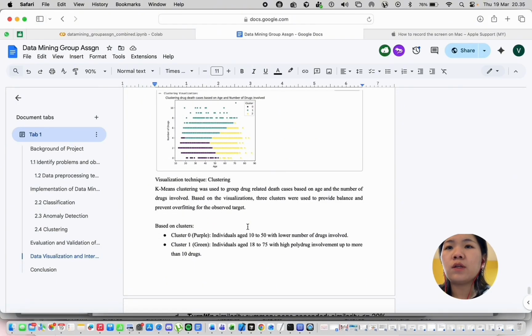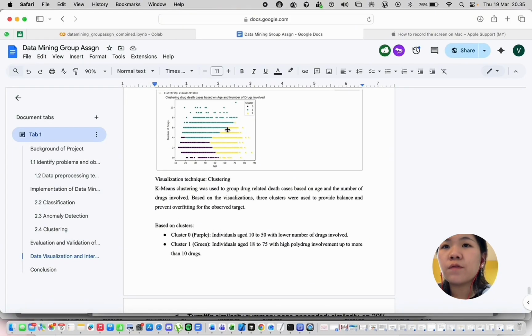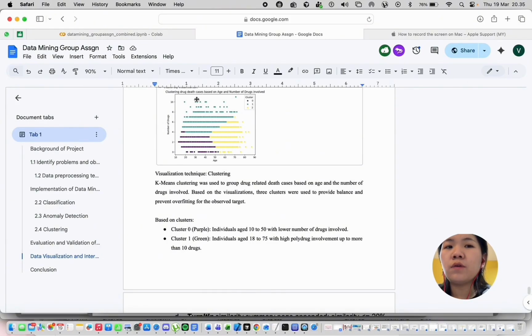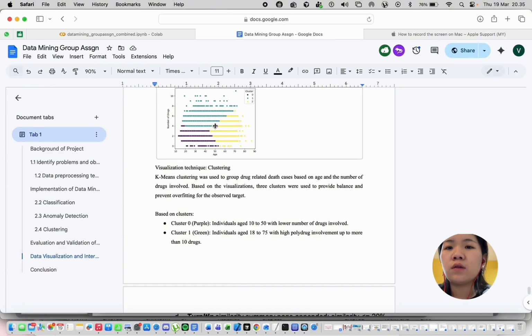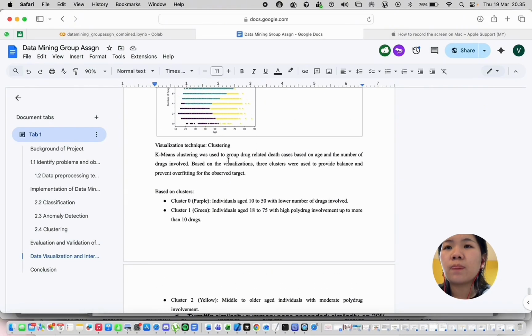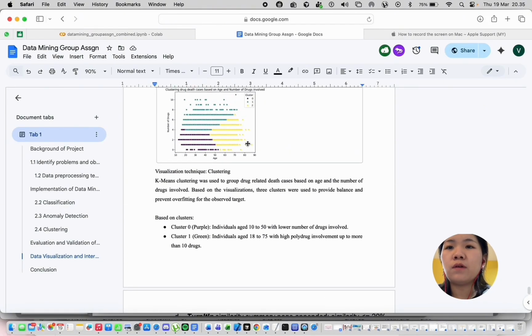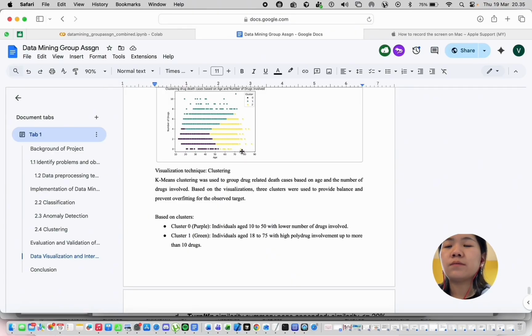And the yellow one is for the older ages, from 50 until 90, with a moderate number of drugs involved. So from this result we can conclude that middle age, which is the green cluster, are more likely to be involved in drug-related death cases.